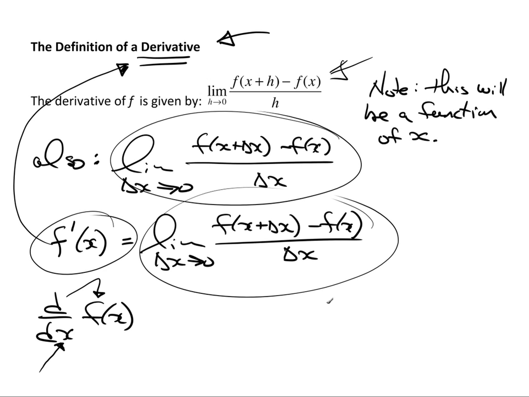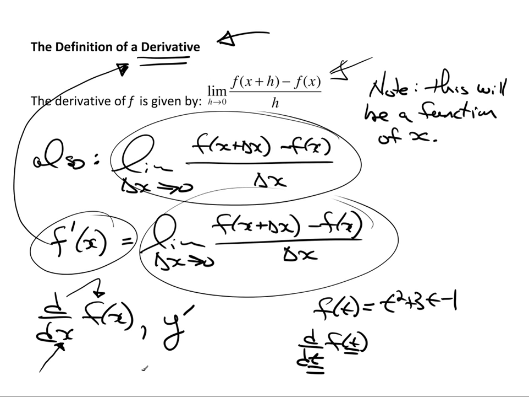If I had f of t equals t squared plus 3t minus 1 and needed the derivative, this would be d dt of f of t. Another very common notation, because very often we equate the idea that f of x is equal to y. We think of the vertical axis. So another very common notation is simply y prime.